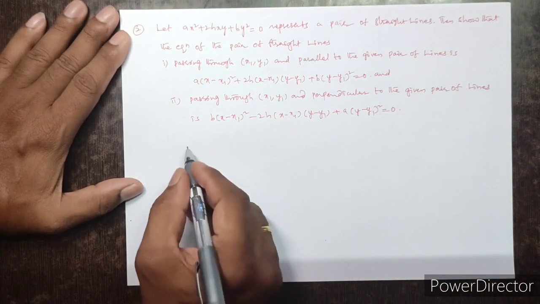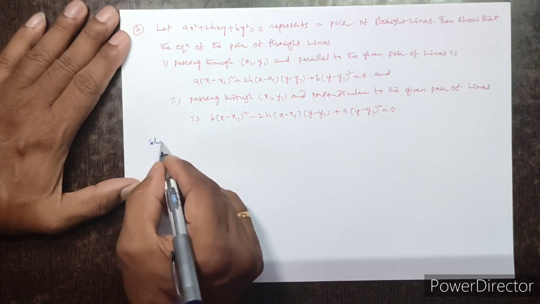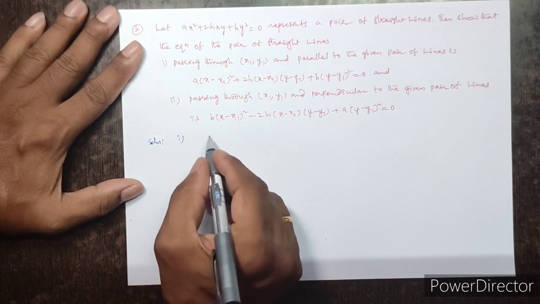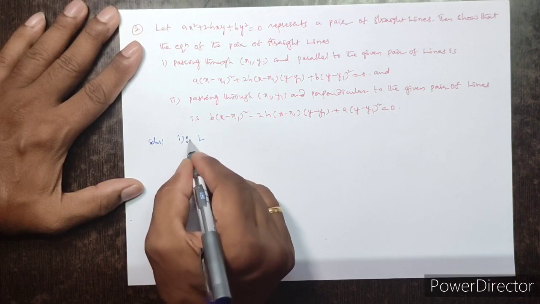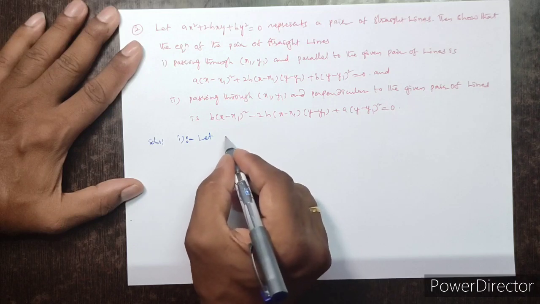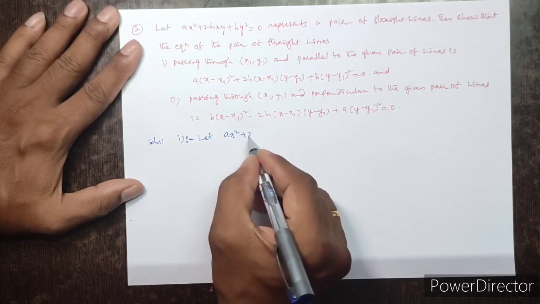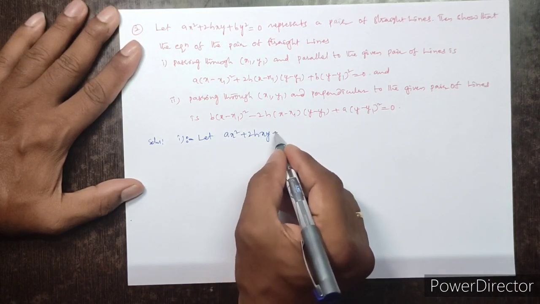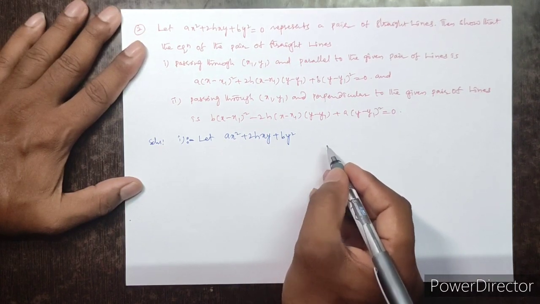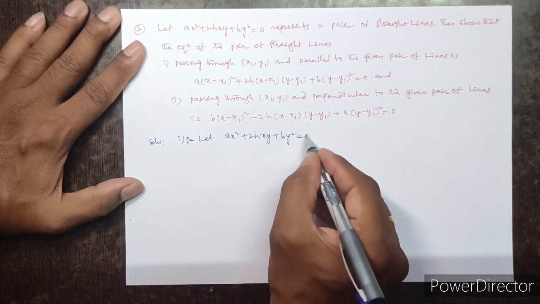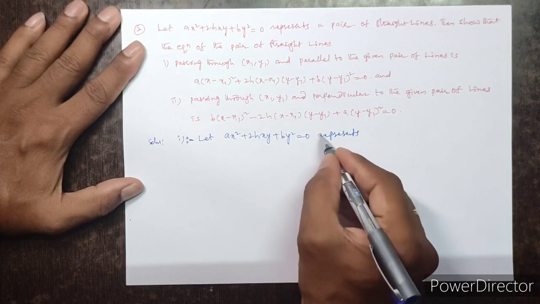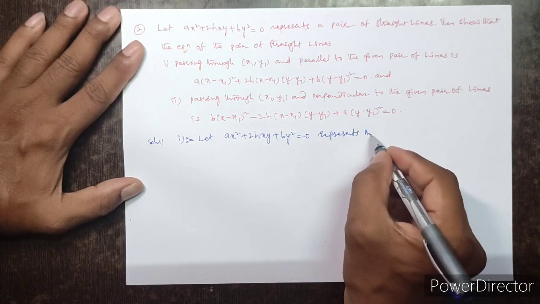See, solution. First one, solution. Let ax square plus 2hxy plus by square equal to 0 represent a pair of straight lines.